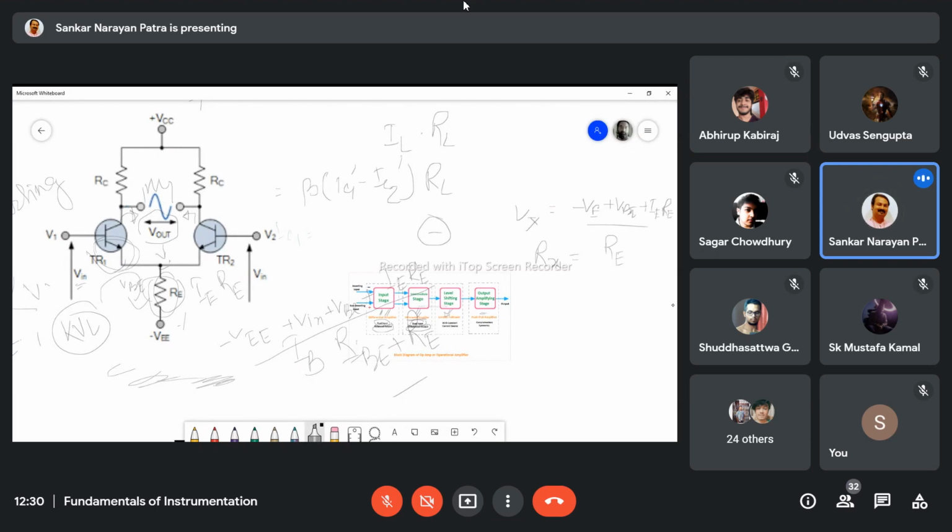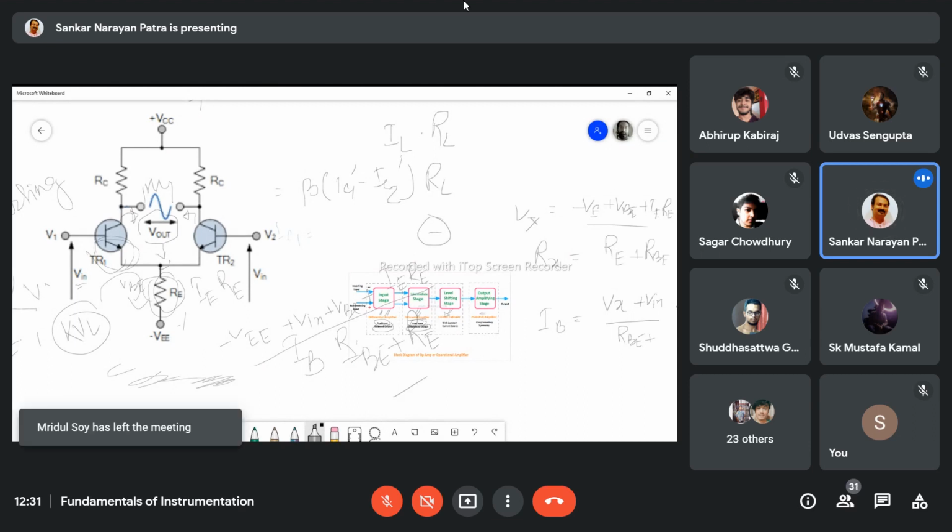Then the current IB will be Vx plus V divided by RB. Sorry, this is called RB.